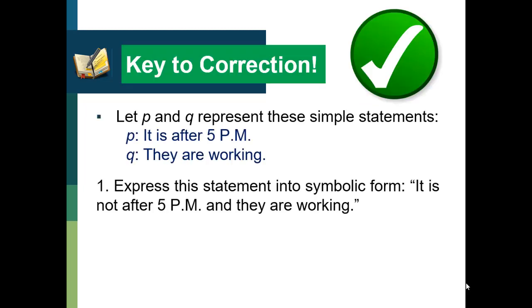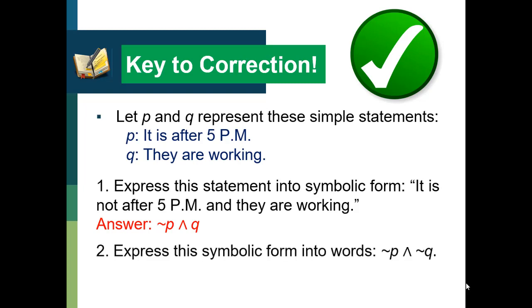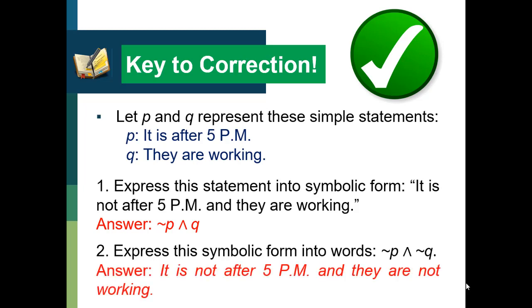For the first question, since you have negated the first statement, that will become not P and Q, because the last statement is still the original statement Q. And of course, for number 2, not P and not Q, you just have to negate the first statement and the second statement and then introduce the word and between them. That is, it is not after 5 p.m. and they are not working. It's very easy, right?